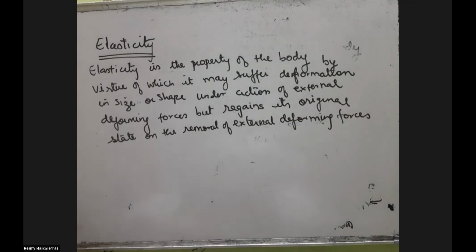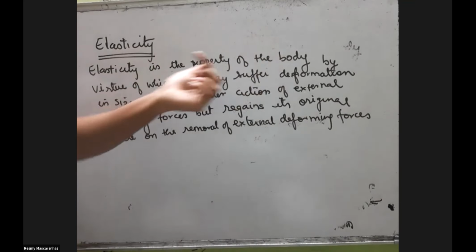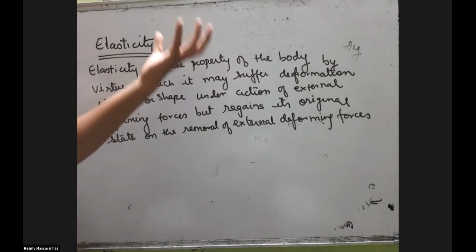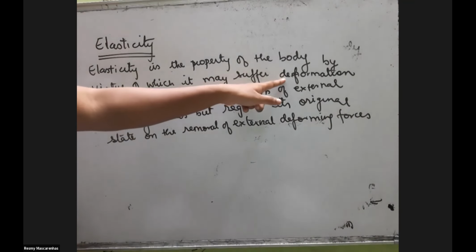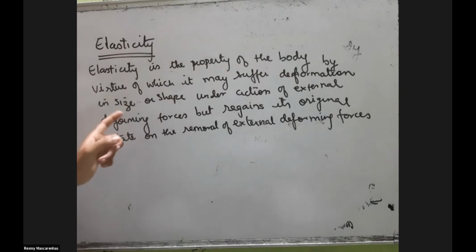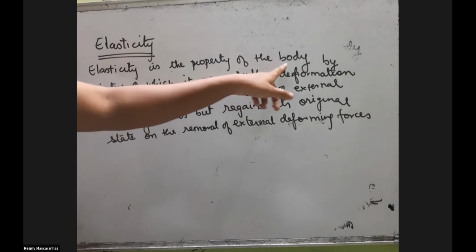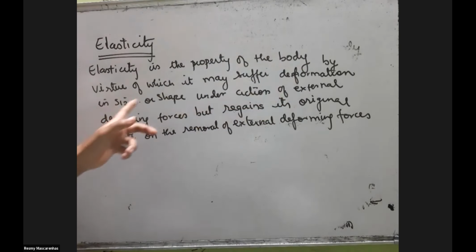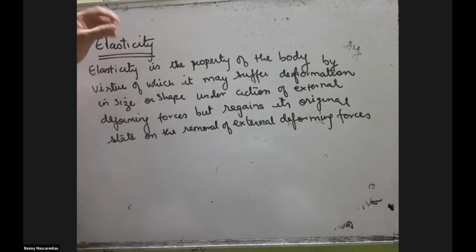Let's read it again. Elasticity is a property of a body. Body means any material, by virtue of which it will suffer deformation. It will get deformed in shape or size. If you forget these words, at least say like this: the body may undergo deformation in size or shape under the action of some external deforming forces.